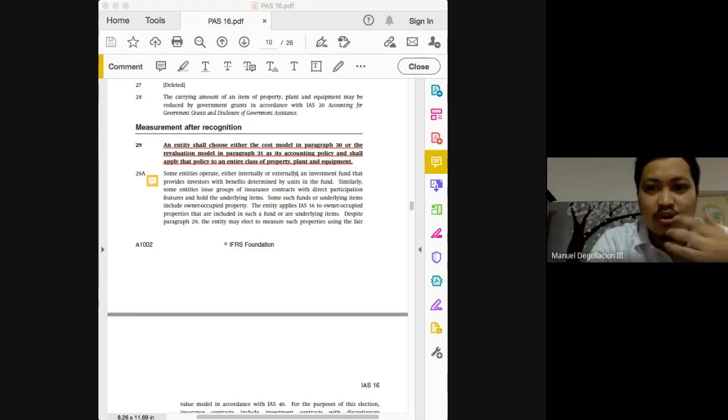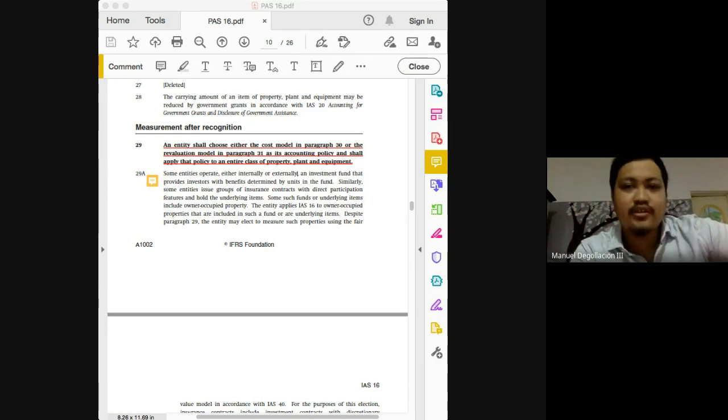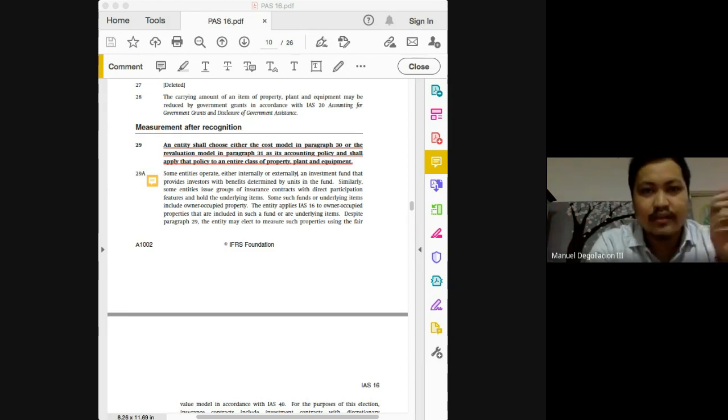So you will now know that the proper treatment for a change from cost model to revaluation model would be to treat it as an accounting change in accounting policy. Therefore, you will have to apply the change retrospectively. Okay, but this is me trying to connect the other standards.